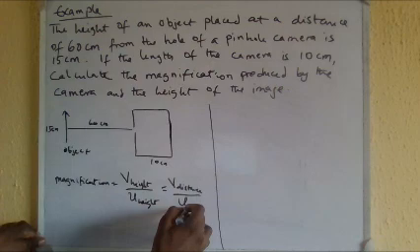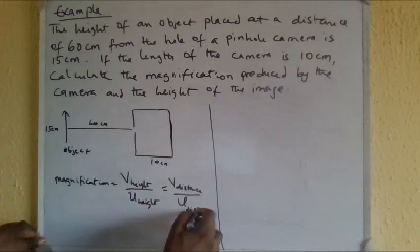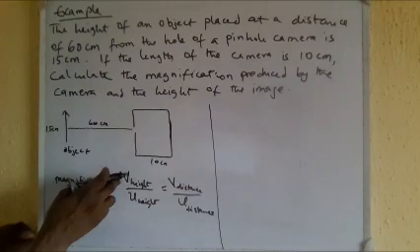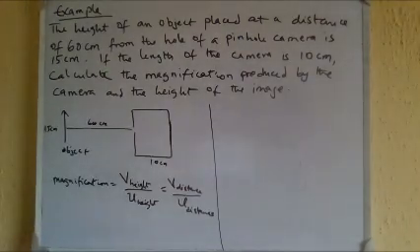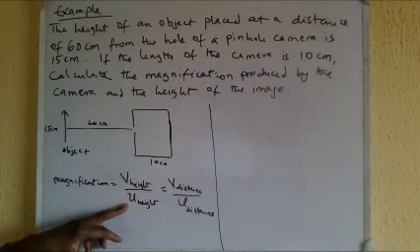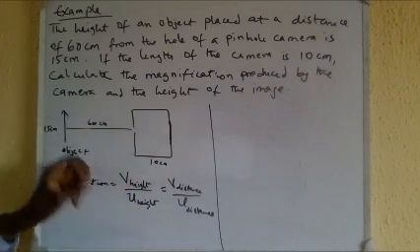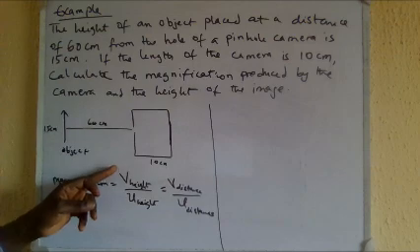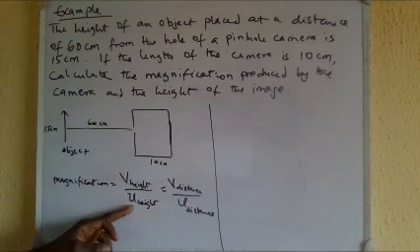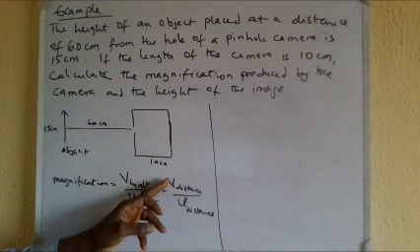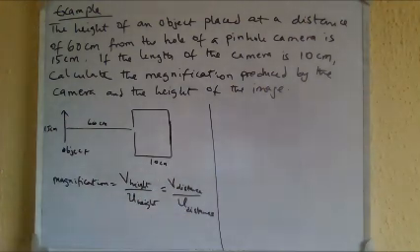So I've explained that V is the image, while U is the object. So you're either comparing the image height to the object height, or the image distance to the object distance.